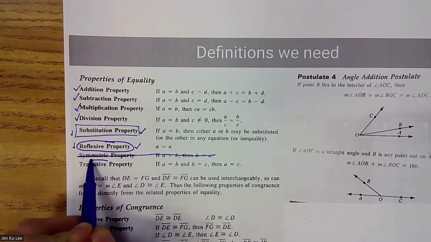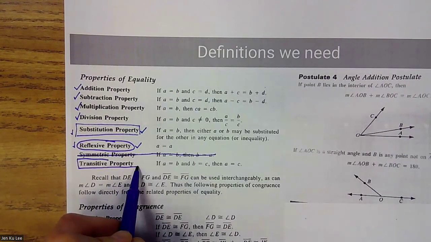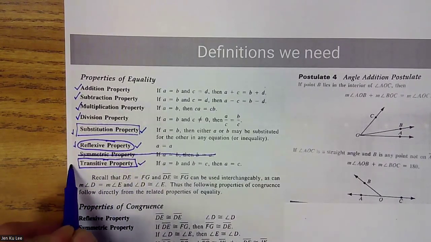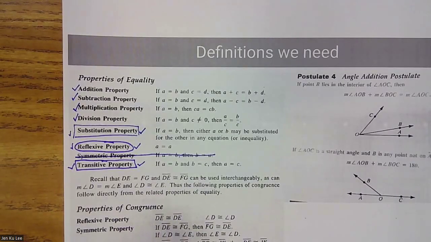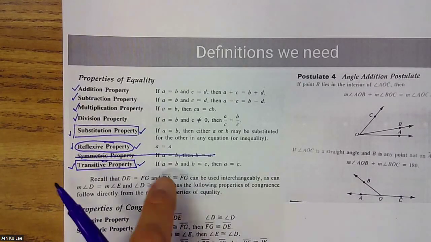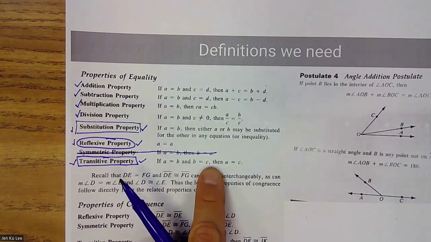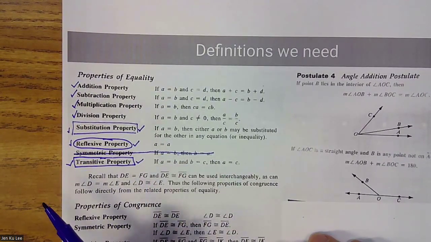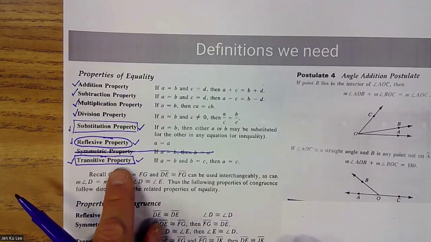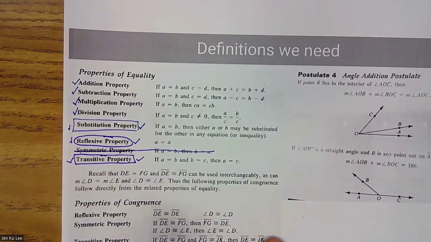Transitive property is saying if A equals B and B equals C, then since A and C are both equal to B, A is equal to C. Whenever I think of transitive property, I think of a train.